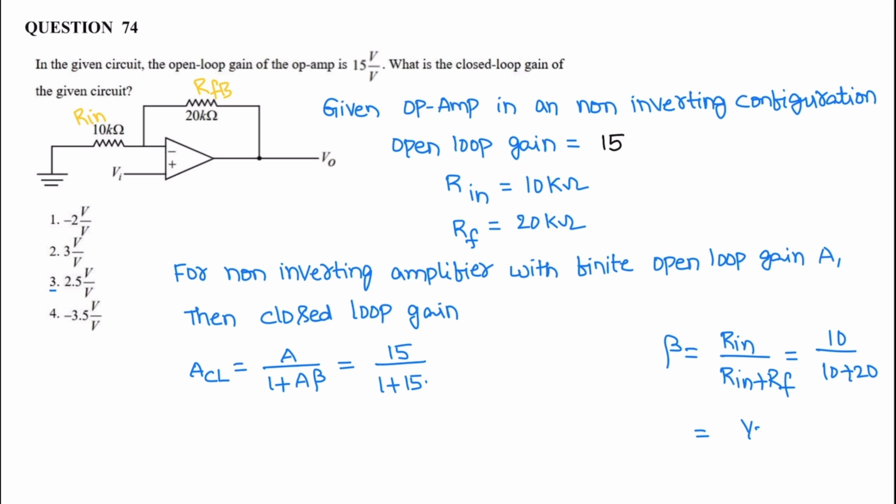Now the beta value is 1 by 3. Substitute 1 by 3 in the closed loop expression: 15 divided by 1 plus 15 into 1 by 3. Its value is 15 by 6, which is 5 by 2. The closed loop gain is 2.5. Correct answer is option 3.